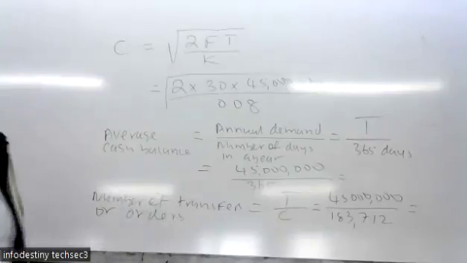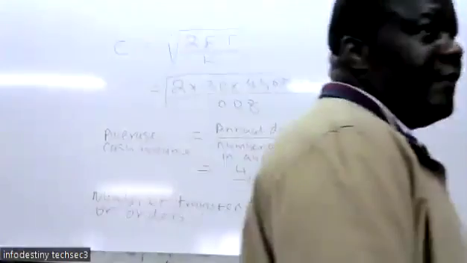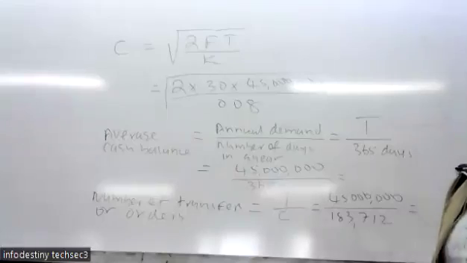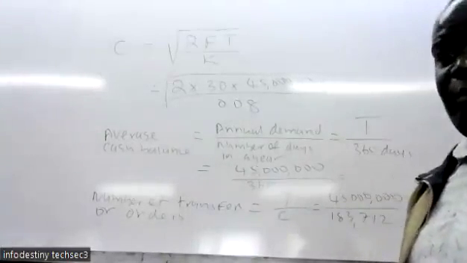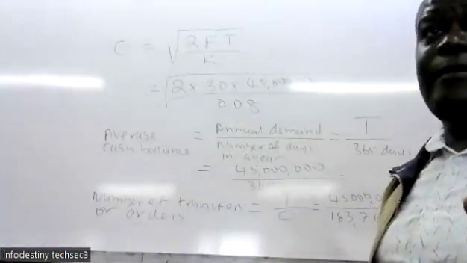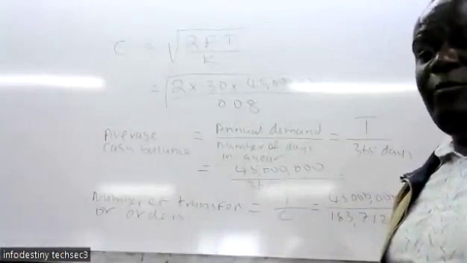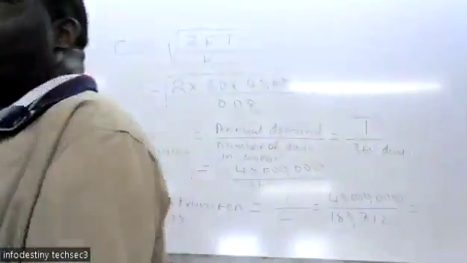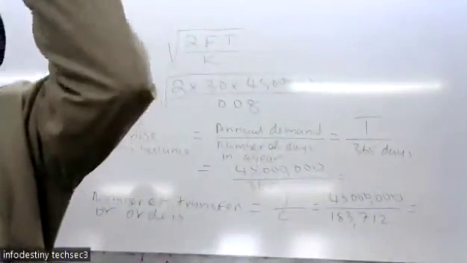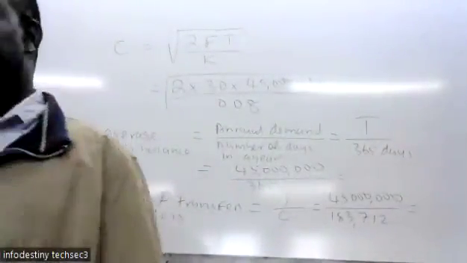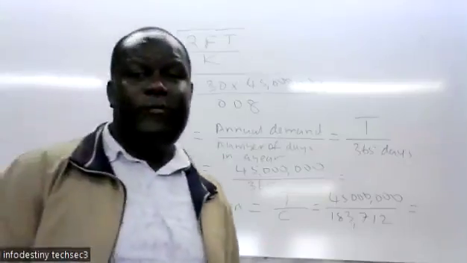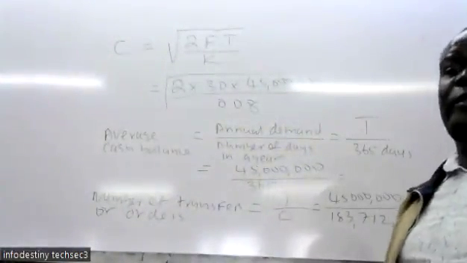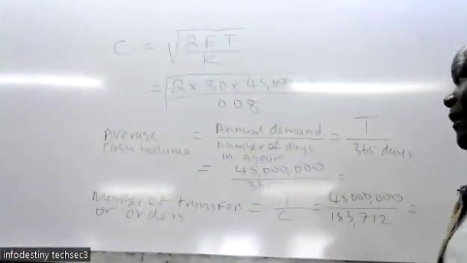How many orders are we going to have? 245 orders. For orders, never round them off downwards because you are supplying your customers. If you round them off downwards, one of your customers will miss, and you know the consequences of losing one customer. So you rather round off upwards, buy more, and the balance will go to the next sales. If you round off downwards, you are minimizing your stock and it will affect your customers.